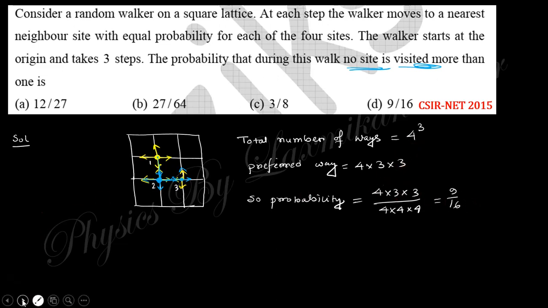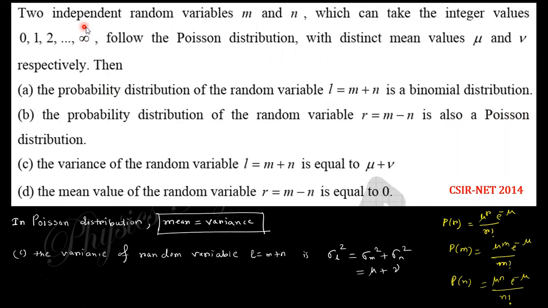Go to the next one. Two independent random variables m and n, which can take integral values from 0 to infinity, follow Poisson distributions with mean values mu and nu respectively. Among the options, the sum of the two would be a binomial distribution, which is not possible; their sum must be a Poisson distribution.